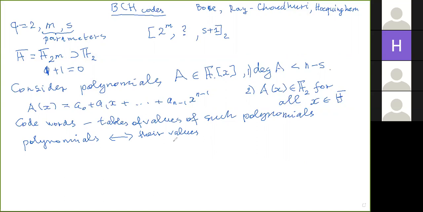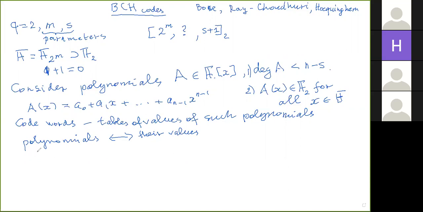We will be interested in only where values are taken from 0 and 1, from F2. And so we have also a one-to-one correspondence between such values and those polynomials which have such values. And this correspondence may be expressed in the other direction using Lagrange interpolation polynomial.